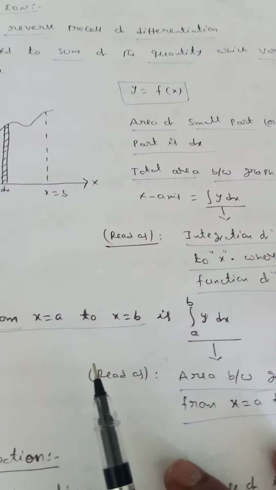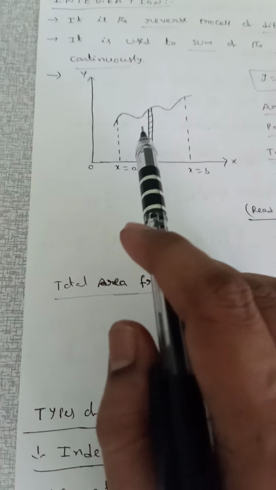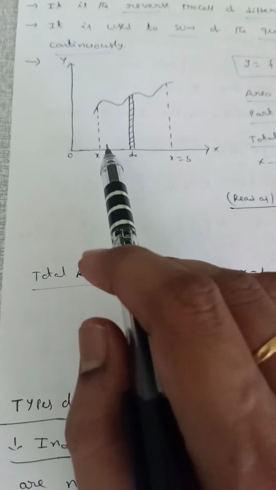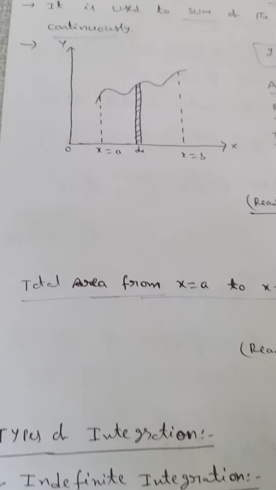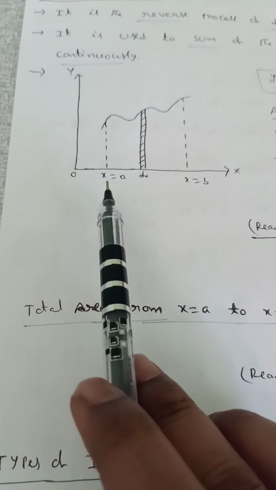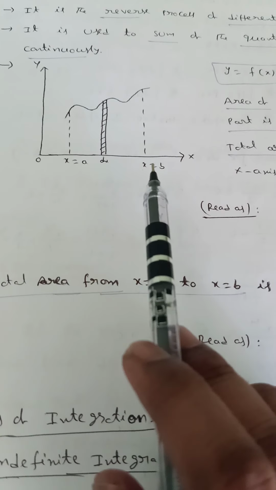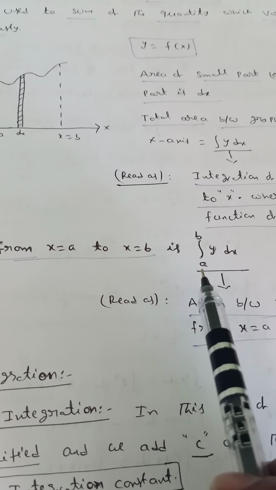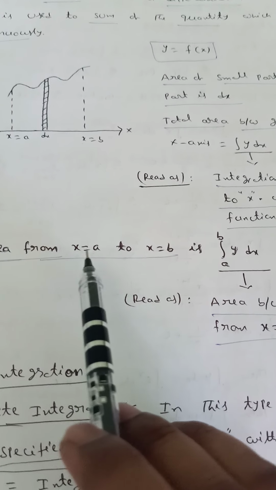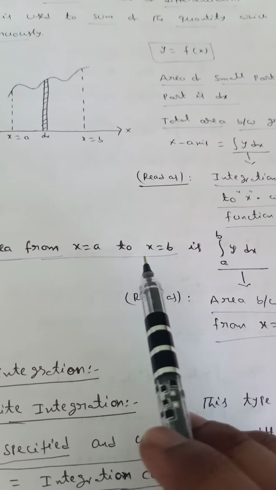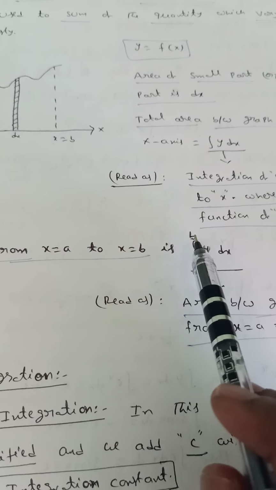But for the total area between the limits, x equal to a, the initial limit, and x equal to b, the final limit, the total area from x equal to a to x equal to b is the integral from a to b of y dx. The initial point is the lower limit and the final point is the upper limit.